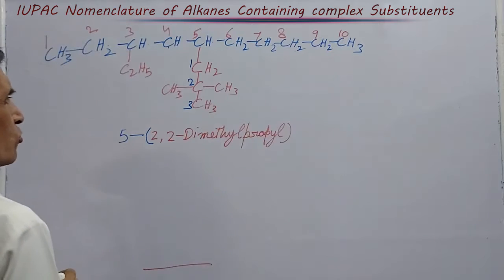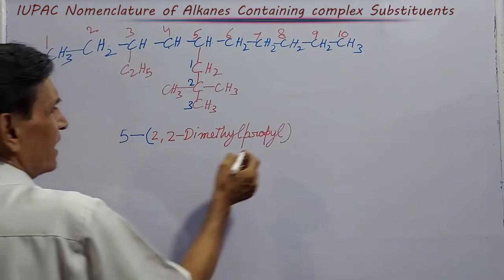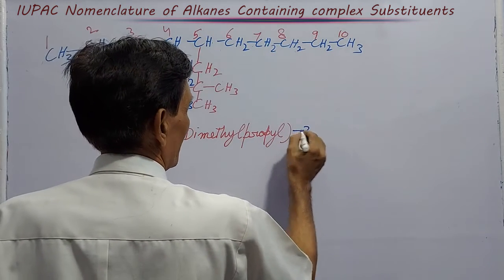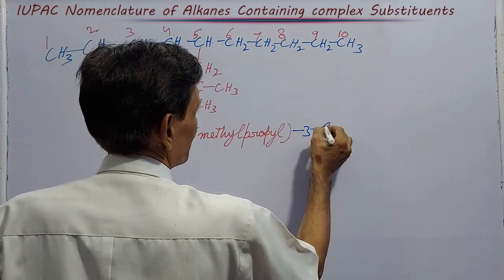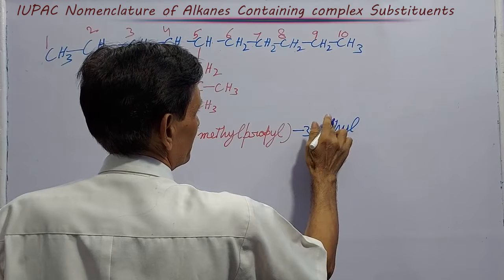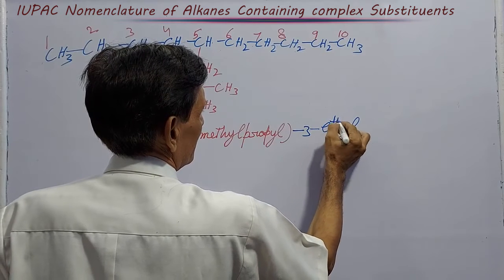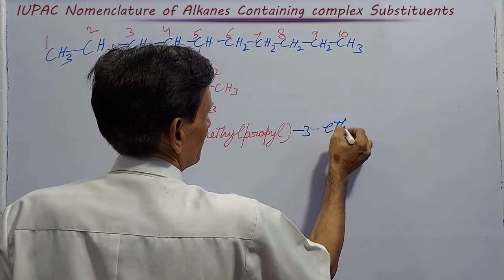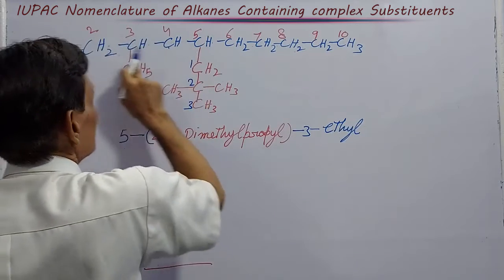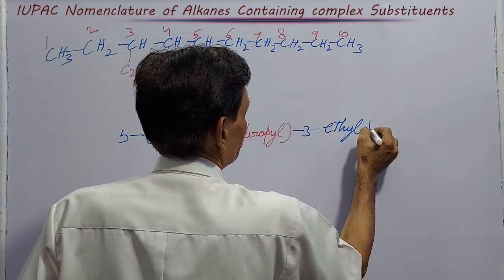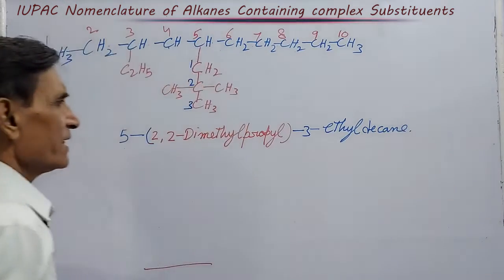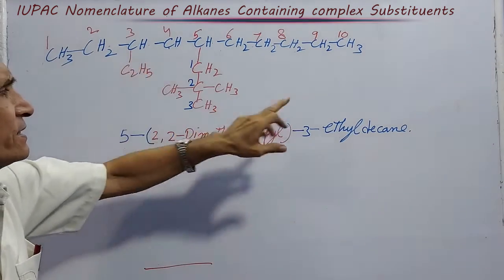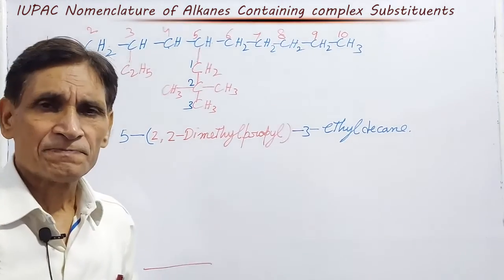Enclose dimethyl propyl in the bracket. After that 3-ethyl, with a hyphen used for separating. After that, how many carbons in the longest chain? 10, decane. Like that, the name is written: 5-(2,2-dimethyl propyl)-3-ethyl decane.